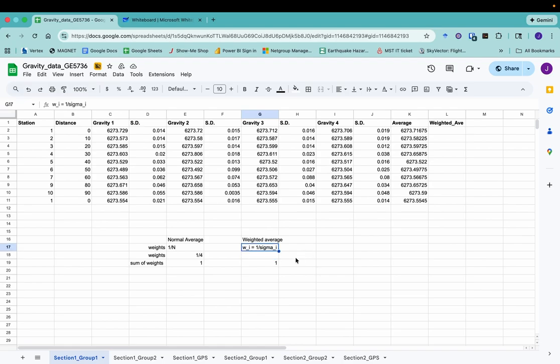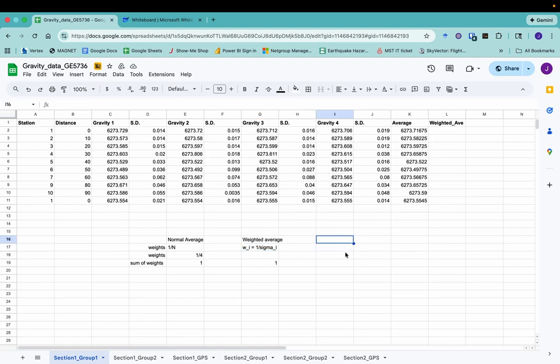Well, that's great, except there's a little problem, which is that my weights, in this case, will not add up to 1. So if I take 1 over the standard deviation, 1 over the standard deviation, you can see these are very small values, and then you take the inverse, and then you add them up. That's definitely not going to be 1. So we need to do something to make these weights add up to 1. And so what we're going to do is take our weights as 1 over sigma i, but then we're going to adjust those weights.